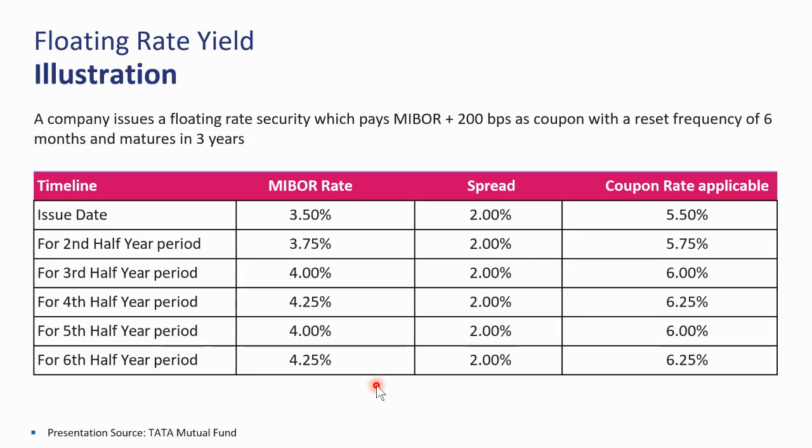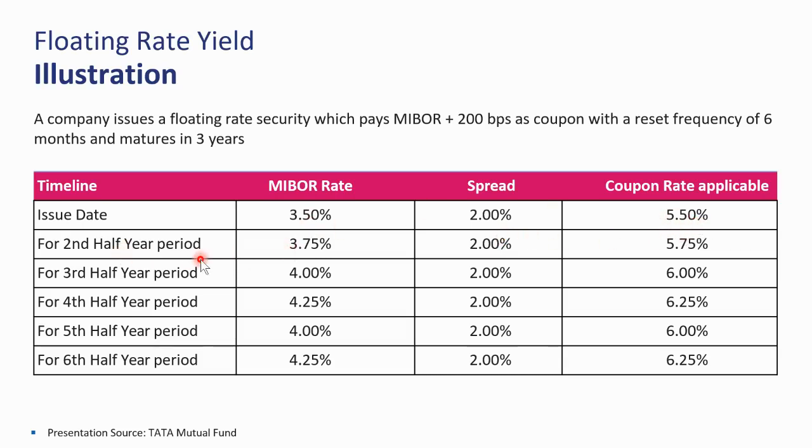Let me give you a little bit of a further illustration on how a corporate would look at it. So generally, corporates would benchmark it to a MIBOR. MIBOR is basically the Mumbai Interbank Rate, so Mumbai Interbank Rate plus 200 basis points. This is an example that was quoted, so I'm just taking it here. So if on the issuance date it was 3.5% and 2% of the spread, the coupon will become 5.5%.